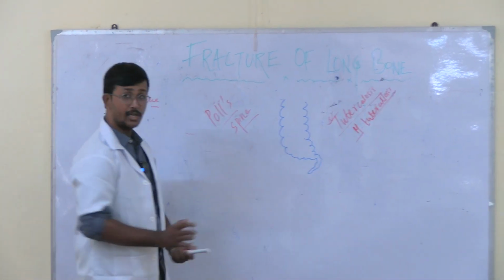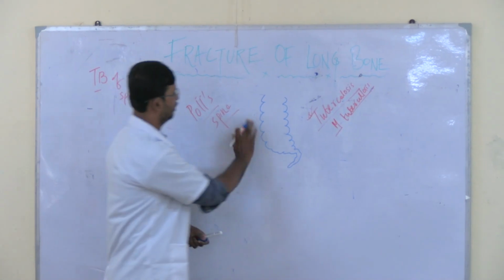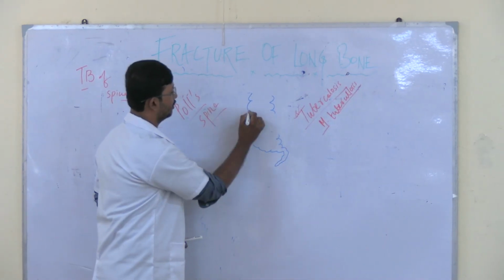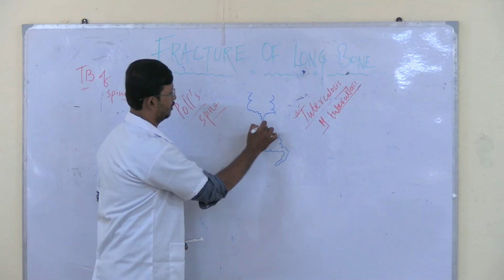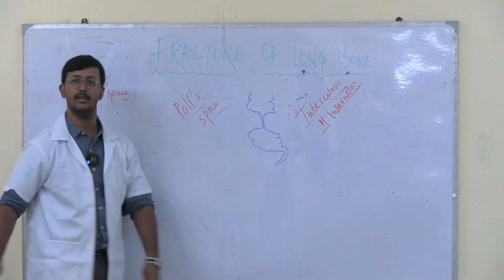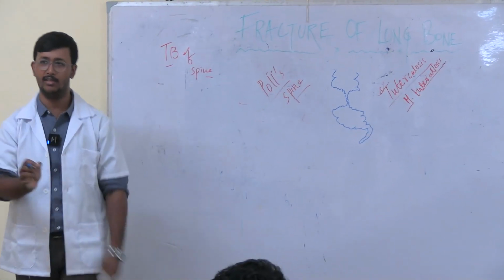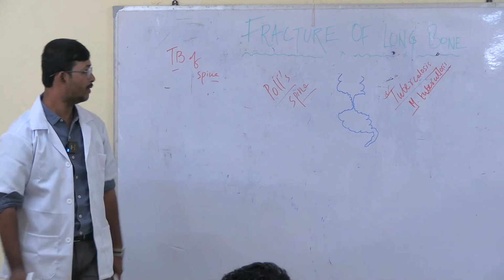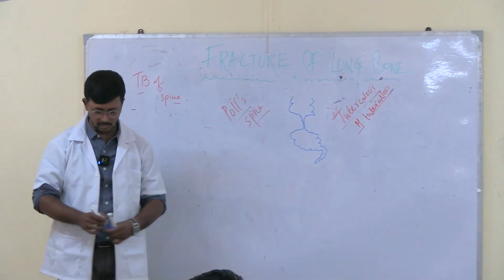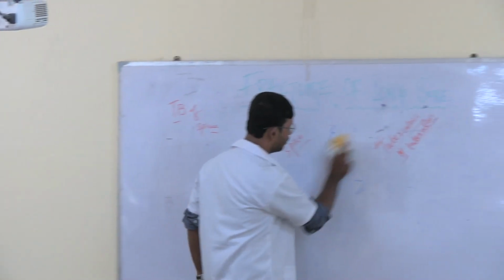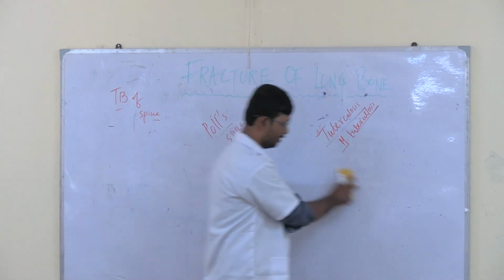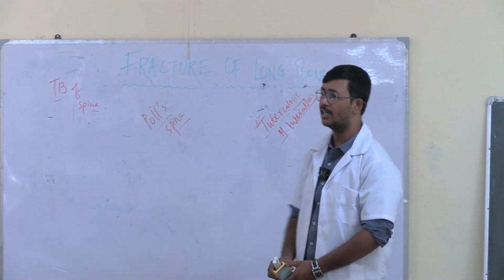You will see that in case of TB, this portion becomes like this. It gets strictured, it gets narrowed. Okay, it happens in TB. So leave TB for now, just going through them once. What I want to tell you is that bones easily get infected.